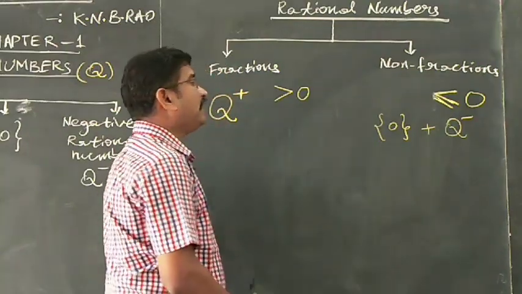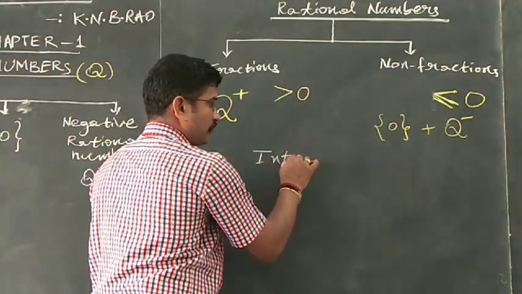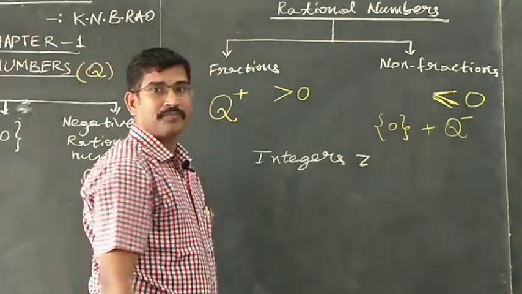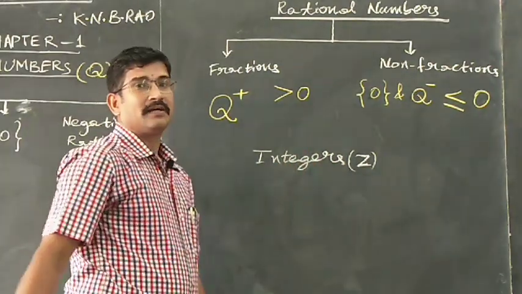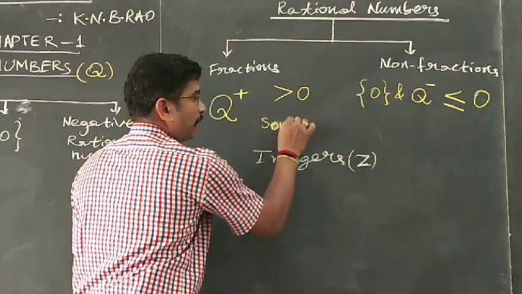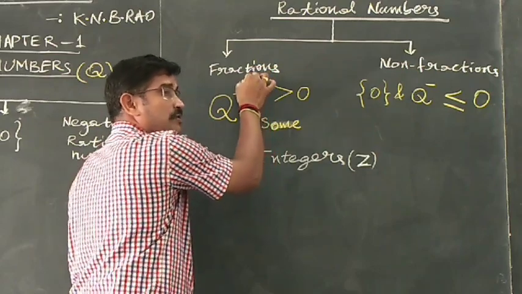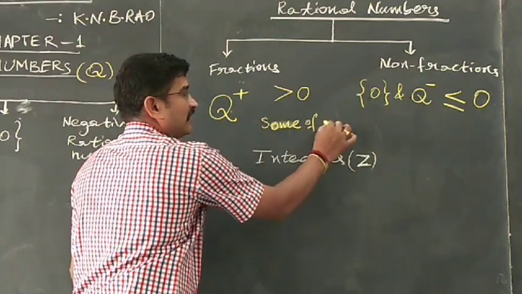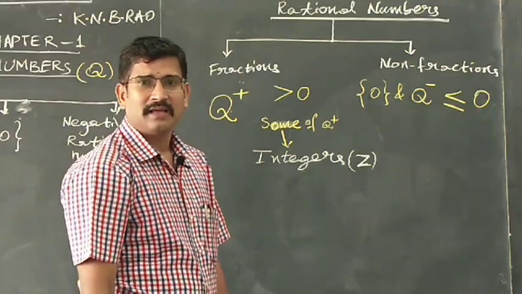Now, what are integers? Children, integers, that is Z. Now, in the integer set we have some fractions. Some fractions means some positive rational numbers. Which ones?